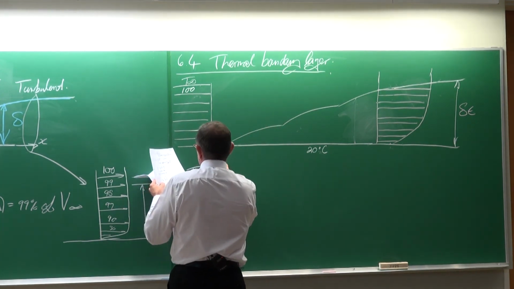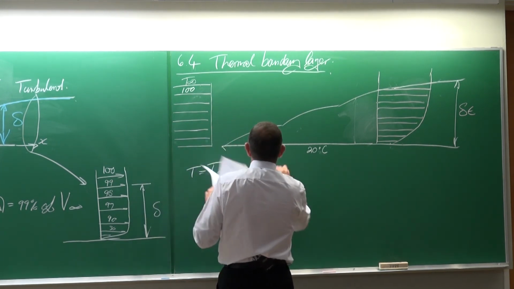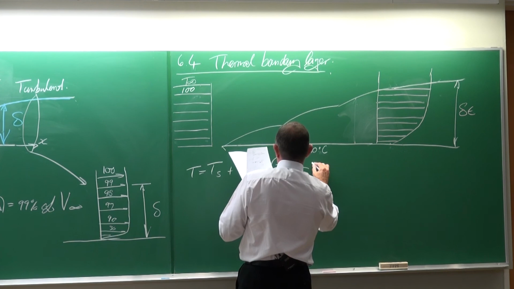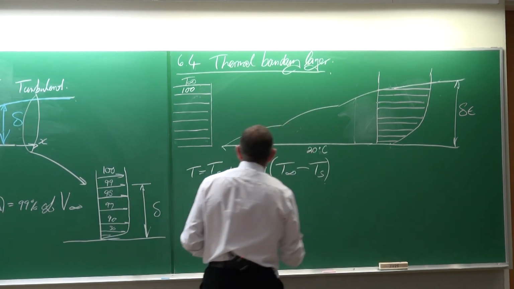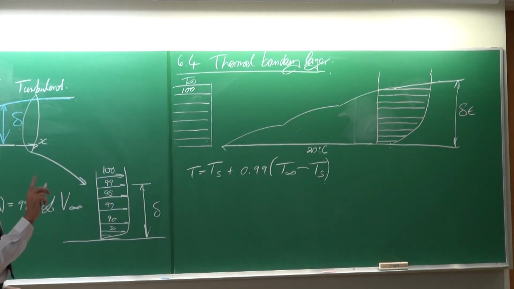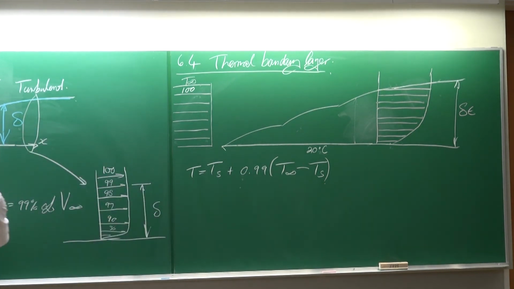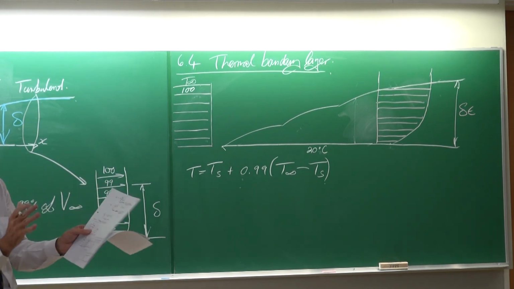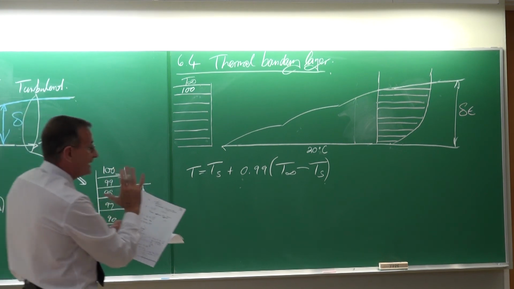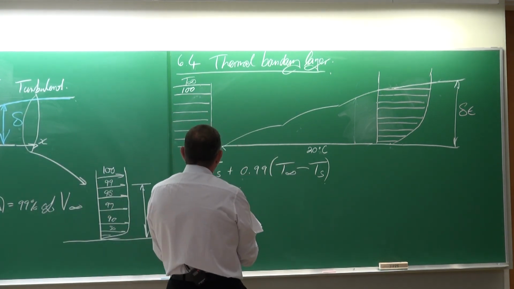We're going to say it is equal to Ts plus 0.99 times (T infinity minus Ts). Now the 0.99 would immediately give you an indication that we are almost trying to do the same as with the boundary layer thickness, but it looks a little bit more complicated. It is not really. I'm going to do two examples for you to illustrate it.